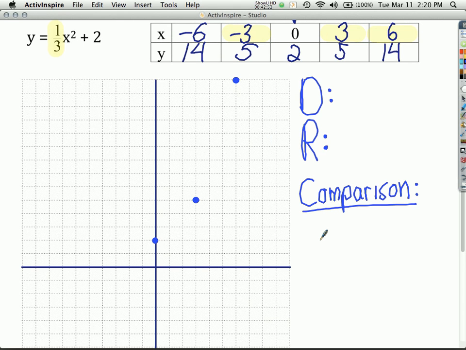Here's why the numbers mirror, because now I want the same point but on the other side. So I want that point right there so I can draw the parabola. If it was negative 5, then this point would be all the way down here and it wouldn't draw a parabola. And now I want this point but on the opposite side, so I'm going to go 1, 2, 3, 4, 5, 6.